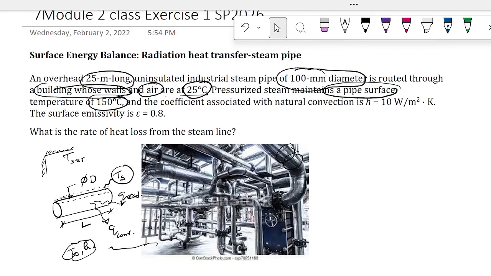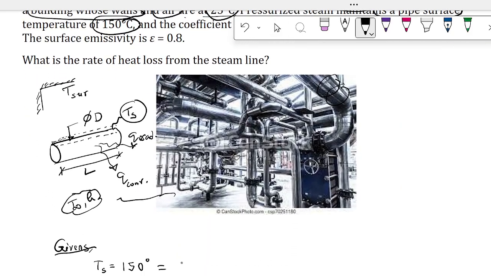And I was saying, don't forget to convert them to Kelvin, right? So you have 423 Kelvin. You have 25 plus 273, which is 298 Kelvin. You have this again 298 Kelvin, the same thing, adding 273.